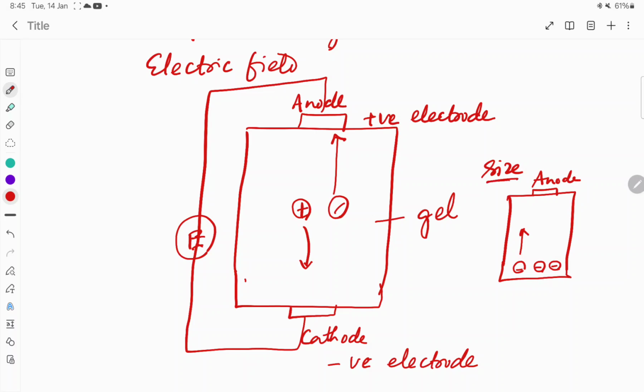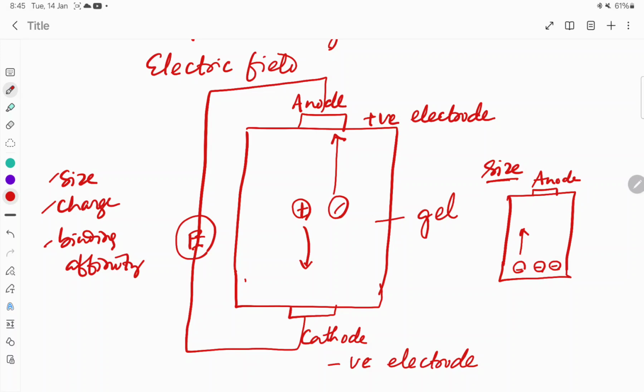So size and charge are the two main factors that affect migration. Besides these two, binding affinity can also affect it.